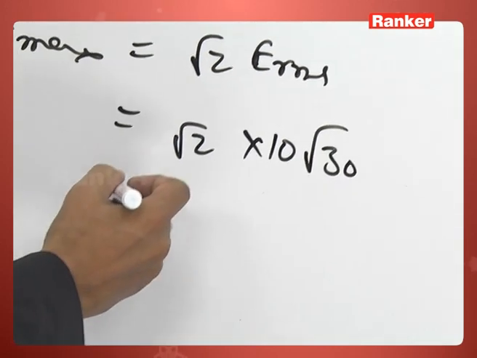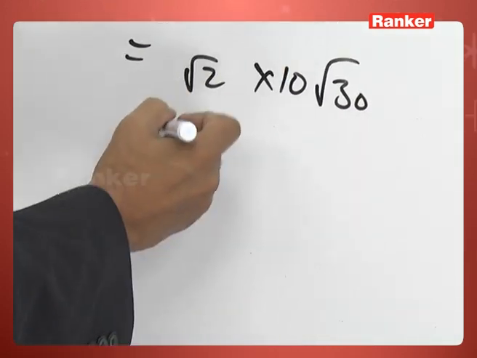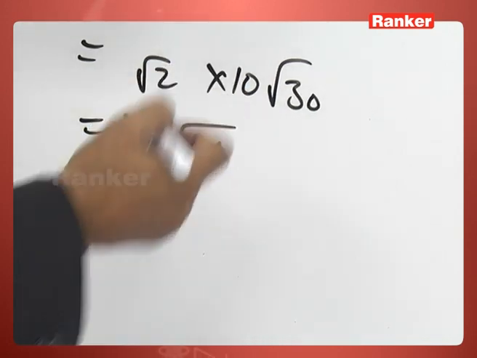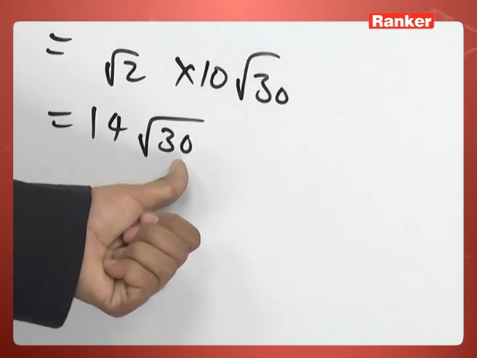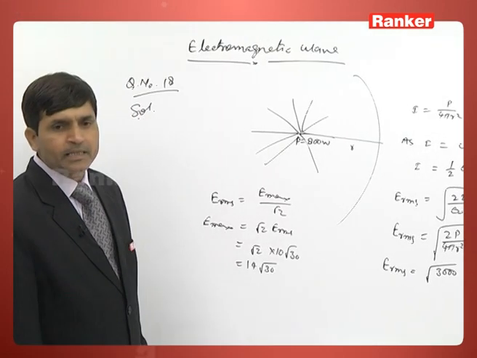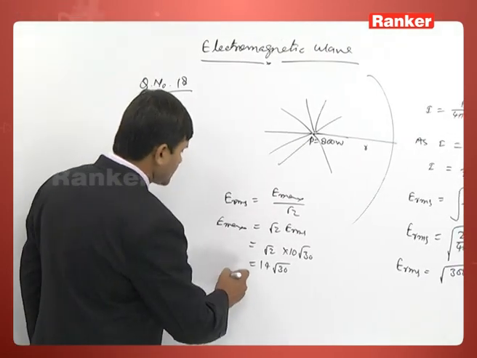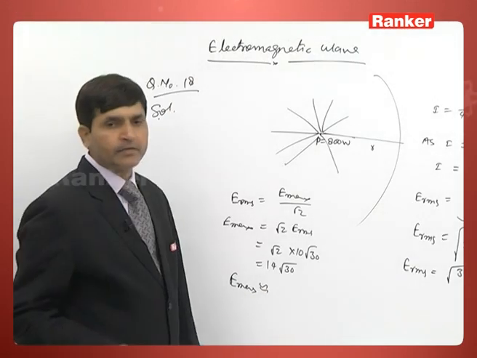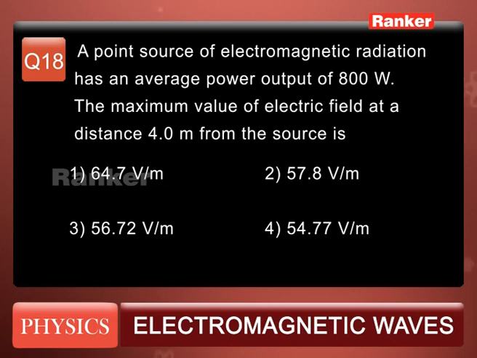And root 2 is around 1.4, so this is 14 into root 30. And root 30 is approximately 5. So our answer, E maximum, could be around, after solving, 54.77 volt per meter. So our option number 4 is the correct answer.